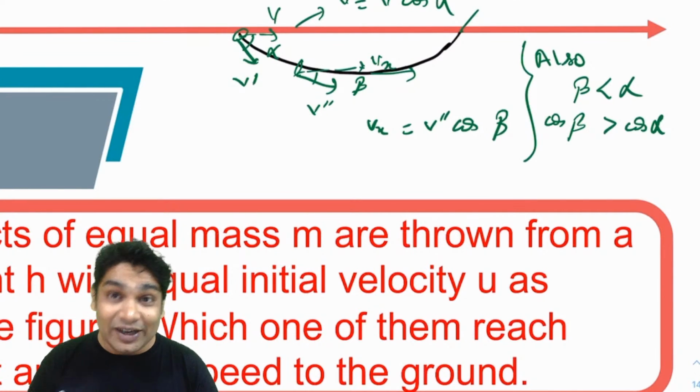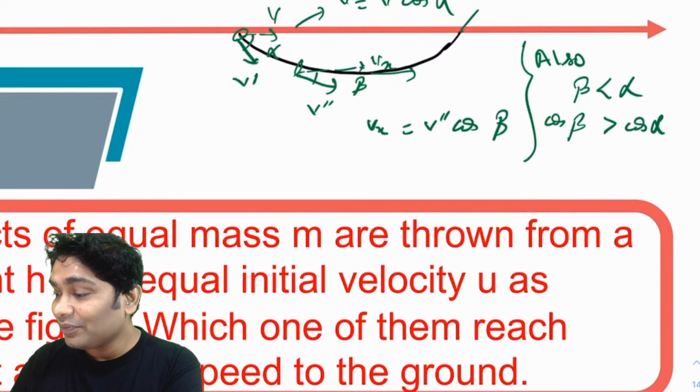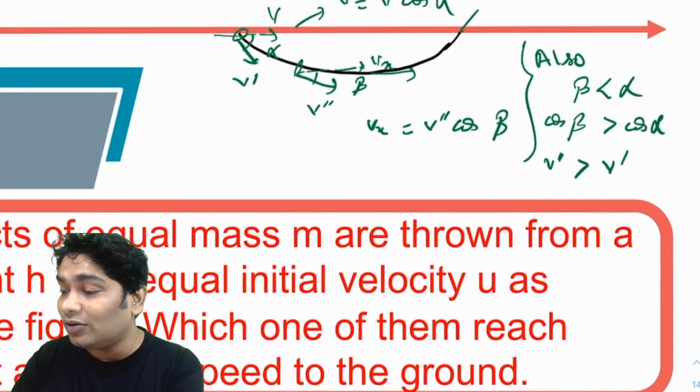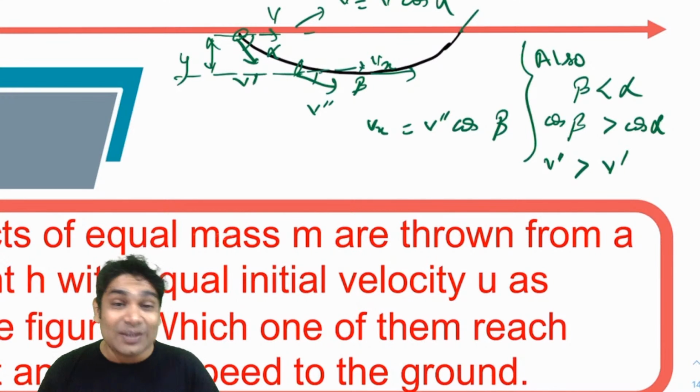Also V double dash increases. V double dash would be greater than V dash. Why? It has come down some height y, so it has already lost some potential energy. There are two reasons. One is that the angle is decreasing.